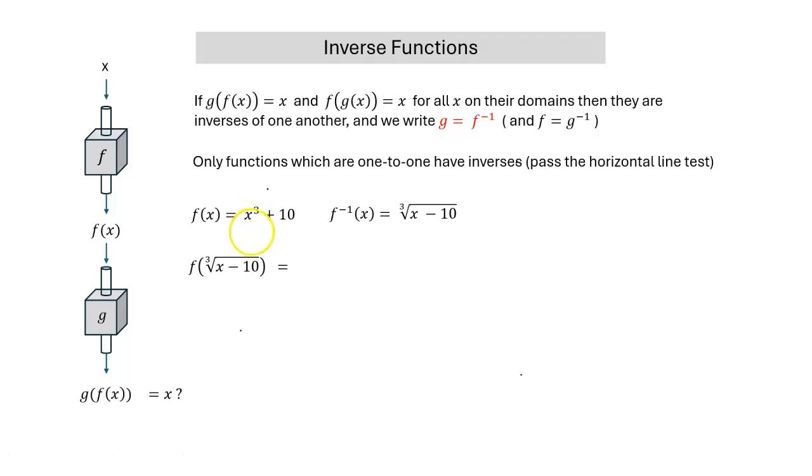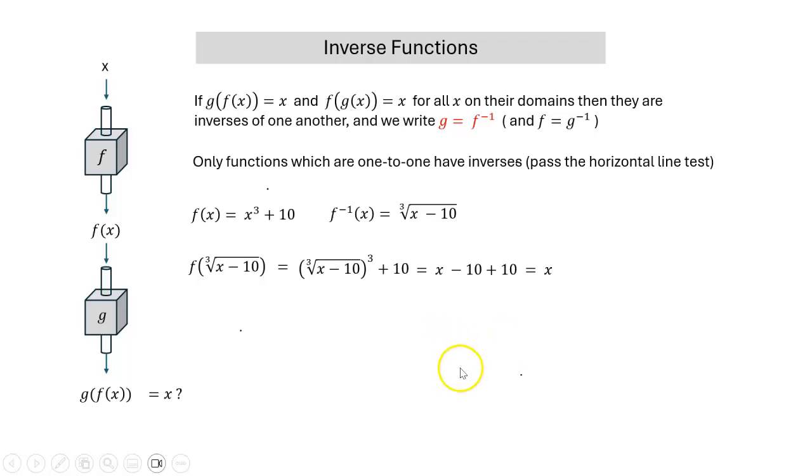To anything you give it, it cubes it and then finishes by adding 10. So let's do that. We're taking the input to f, cubing it, then finishing with adding 10. But the cube of a cube root gives you the thing under the cube root, namely x minus 10. Then when we add 10, we see we do get x back.